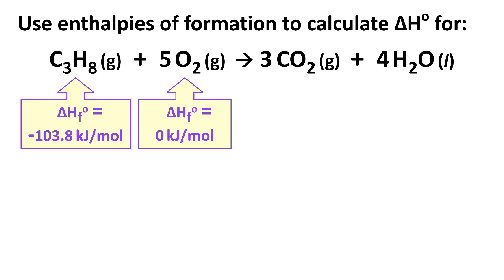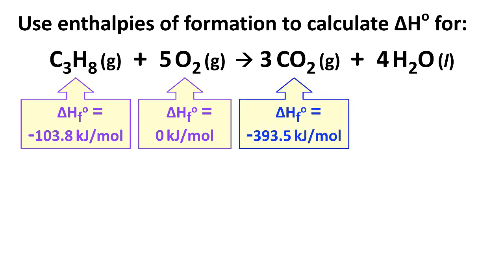Oxygen may be listed in the table, but even if it isn't, oxygen is an element already in its standard state if it's O2 as a gas. So no heat is needed to take oxygen in its normal state and make it oxygen in its normal state. So the delta H of formation of any element in its standard state will be 0.